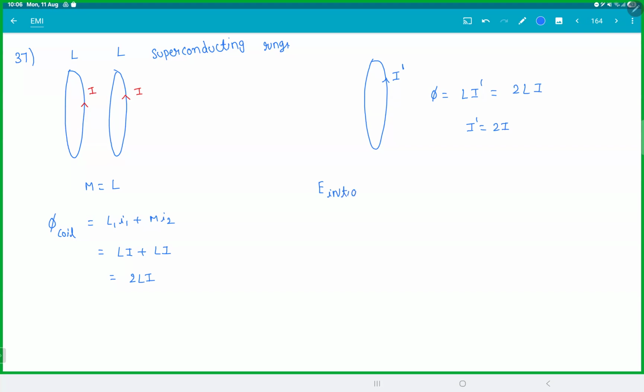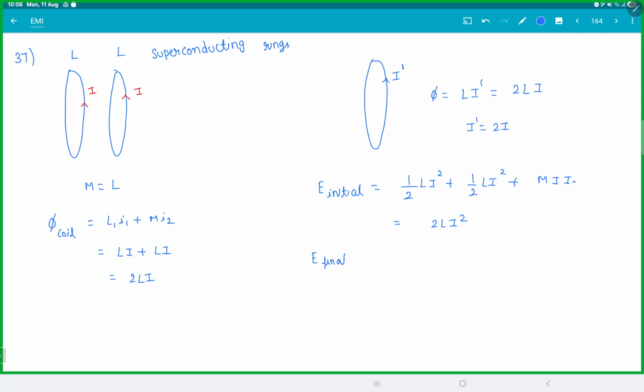The initial energy will be the energy in a coupled circuit: half L1 I1 square, half L2 I2 square plus M I1 I2. So that is also L. That will be 2Li square.